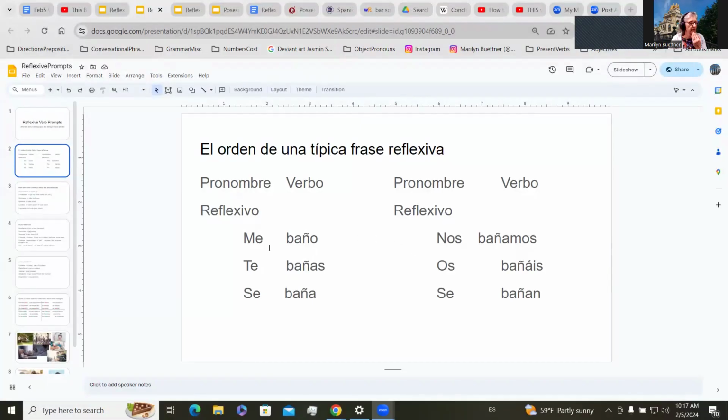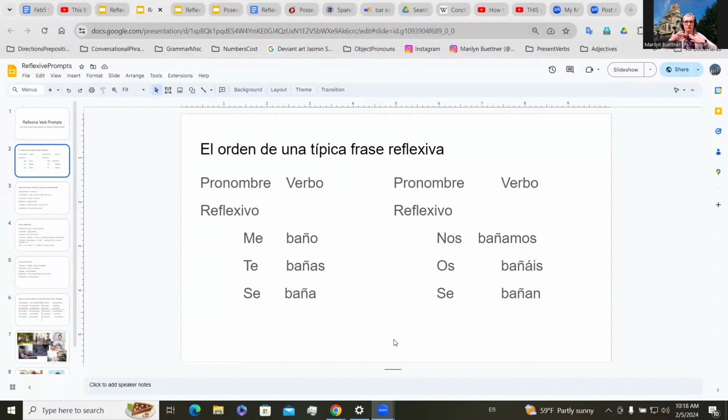Entonces, we're going to go to some practice with this in just a moment, but we're going to take a quick look at this before we go off into practice one more time. This again will be the thing where the meaning of the verb changes somewhat if we don't have that little reflexive pronoun. So we always have to have a reflexive pronoun, and the reflexive pronoun is the same form as that subject and the conjugation.